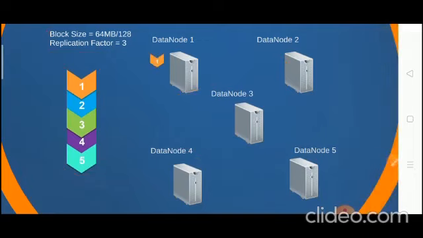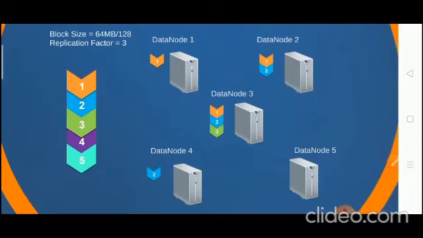See that chunk 1 is allotted to data node 1 and its copy is available at data node 2 as well as data node 3. As the replication factor is 3, any data chunk will be represented 3 times. Chunk 2 is allotted to data node 2 and its replicated copy will be allotted to node 3 as well as node 4.